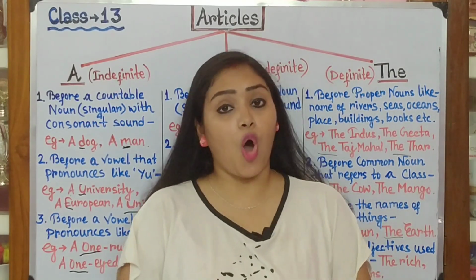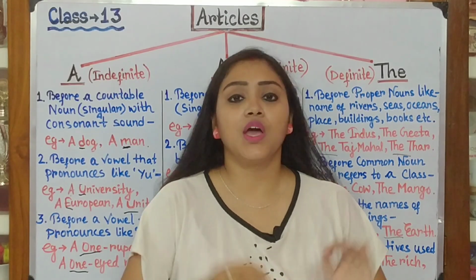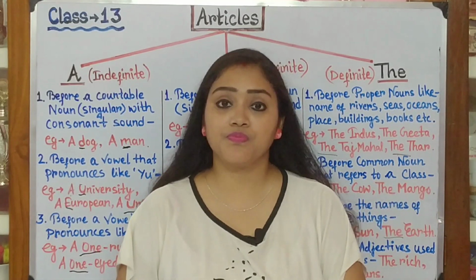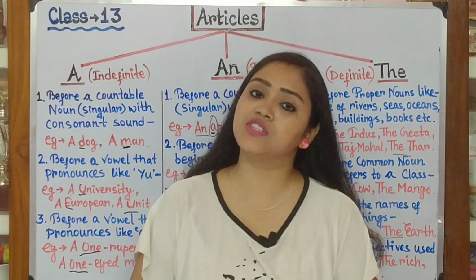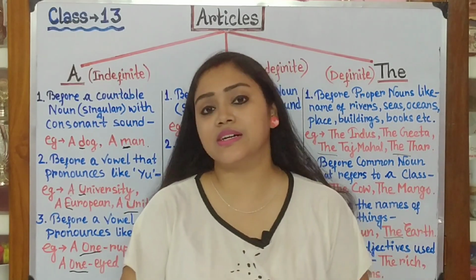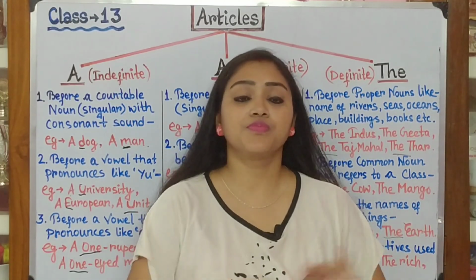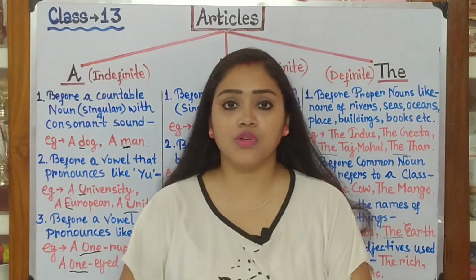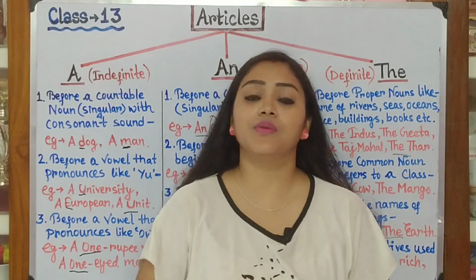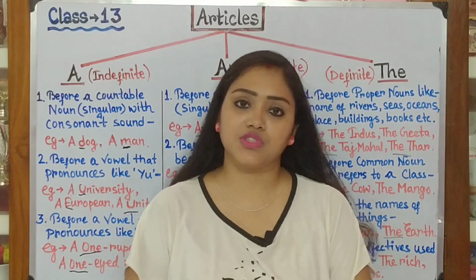Now you have to know about the omission of articles. Generally, we omit articles before some words. And in modern grammar, it is known as zero articles. So we omit articles before abstract nouns, material nouns, plural common nouns, and even singular common countable nouns.